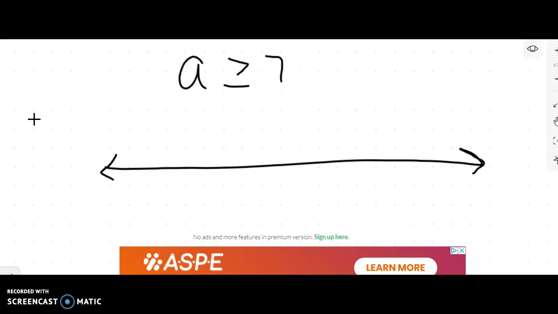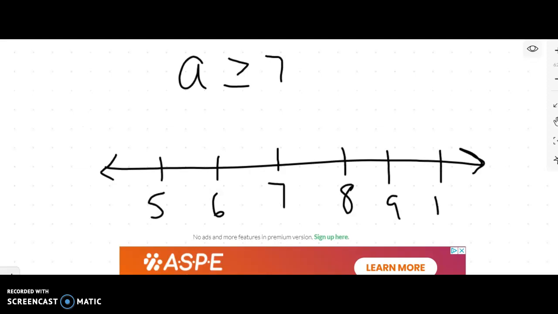I'm just going to talk through this pretty fast. I'm going to grab 7, 6, 5, 8, 9, 10. Okay, so we draw our circle where the 7 is. Now we look here. Is it including 7?